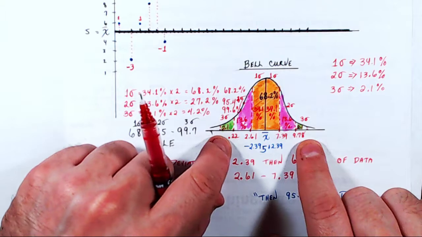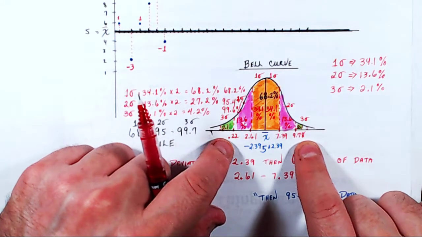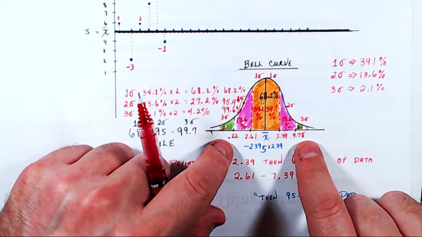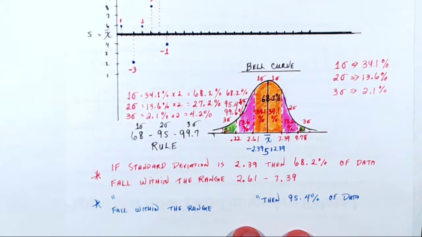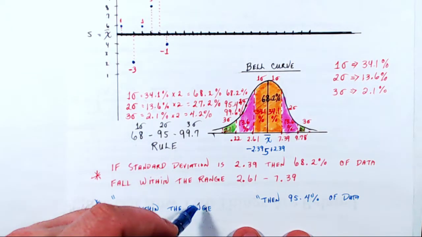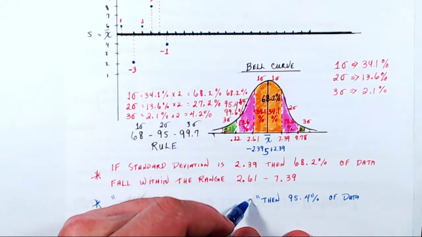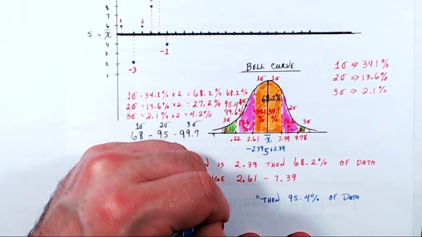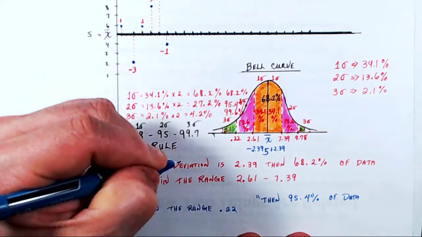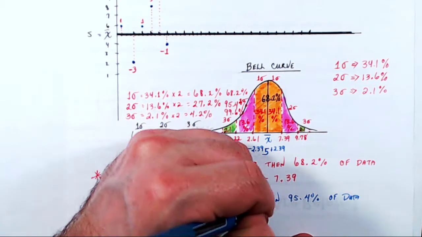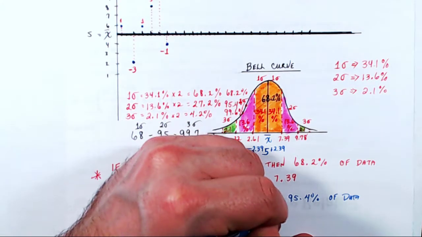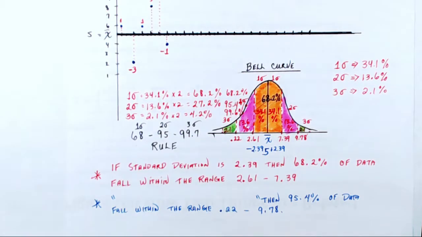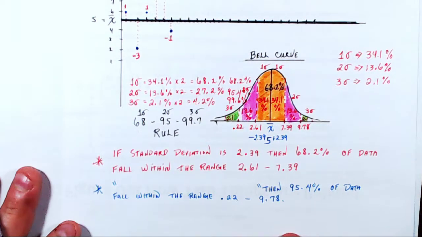So we'll say all of the data is going to be within two standard deviations of the mean. So if the standard deviation is 2.39, then 95.4% of data fall within the range 0.22 to 9.78. So that's how you would say that.